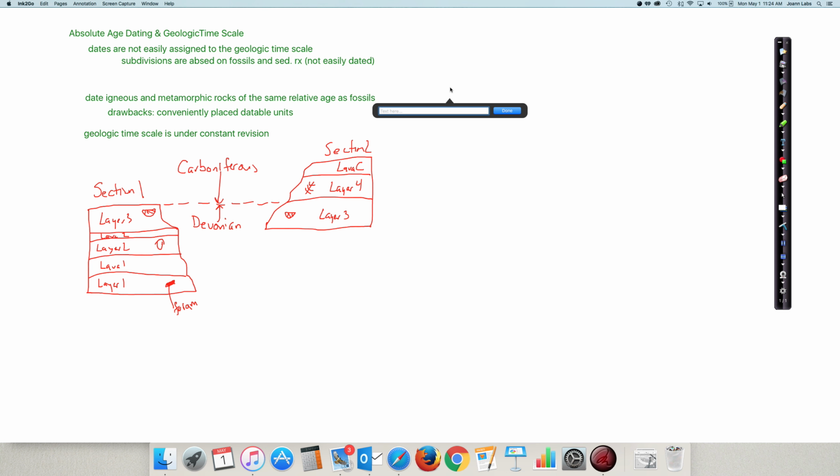Periods are assigned based on fossils. Like I said, this fossil tells us this is in the Devonian, this fossil tells us we're in the Carboniferous, so that's the boundary between the Devonian and the Carboniferous periods.